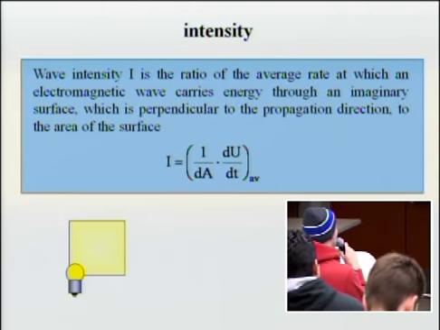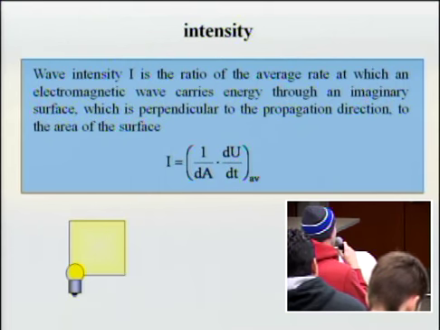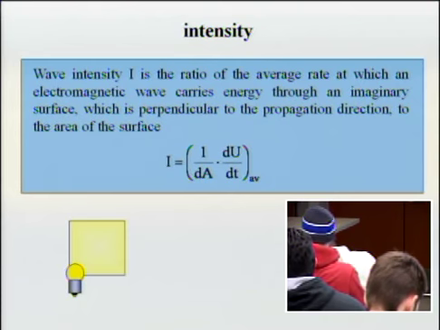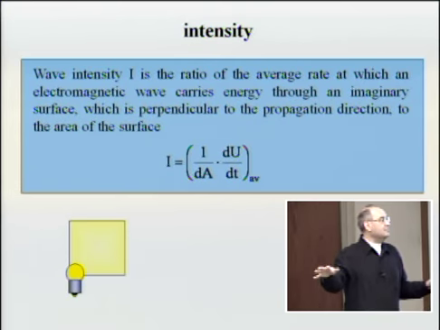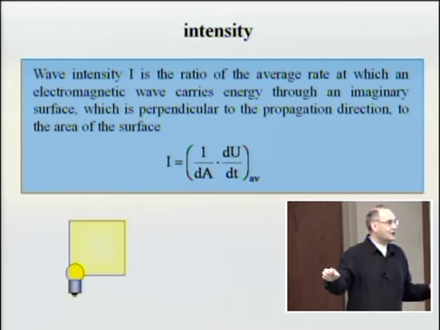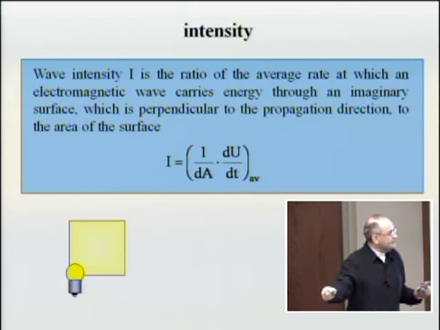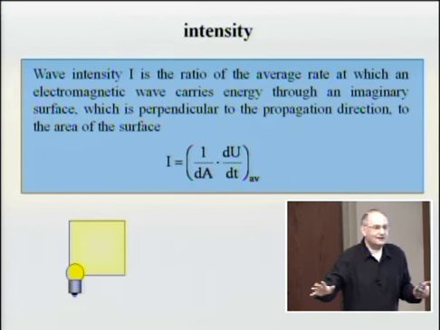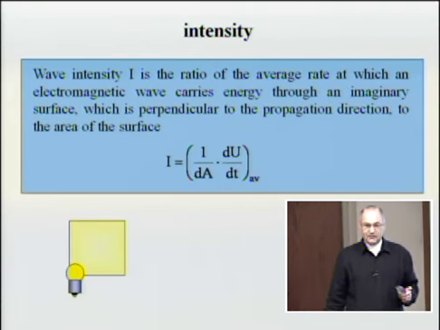Incomplete? Surface. Per? Per. Yes, Lee? What did he miss? No, he said rate, so this is fine. Per unit area, correct. All right.